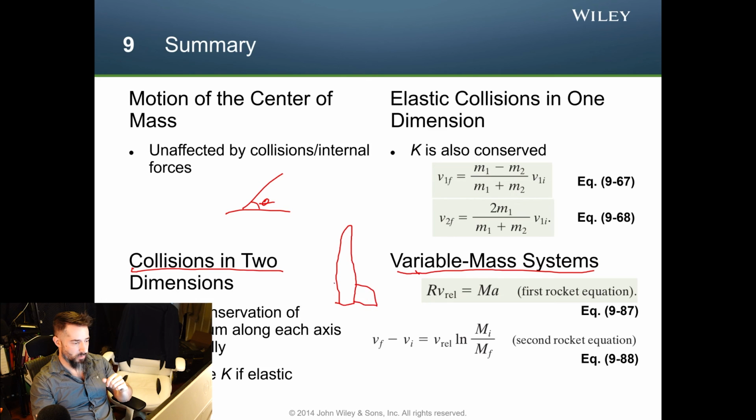We'll draw a little rocket here. It has some amount of, we'll say, hydrogen and oxygen. As it flies upward, it will burn the hydrogen, oxygen, the fuel mixture, whatever it has, and it expels it out the back.